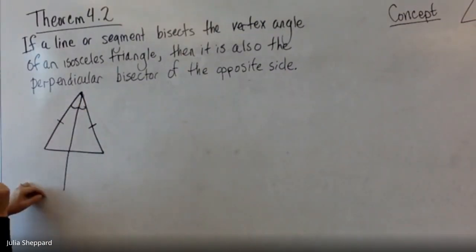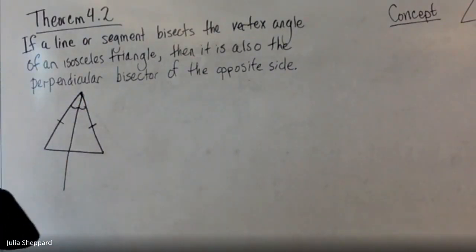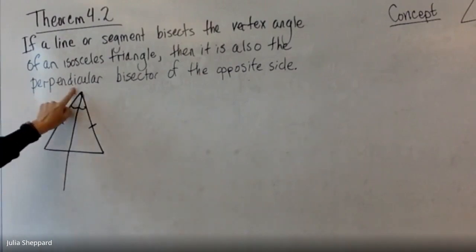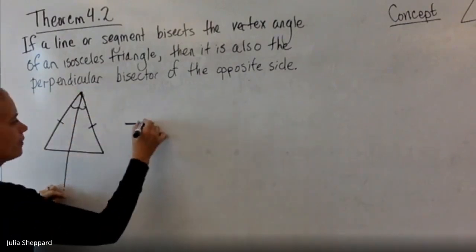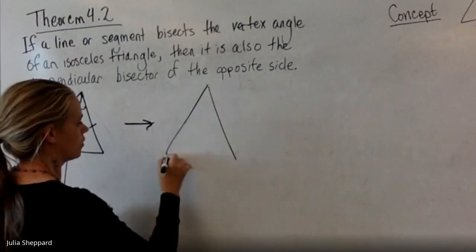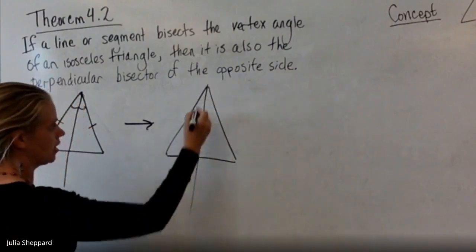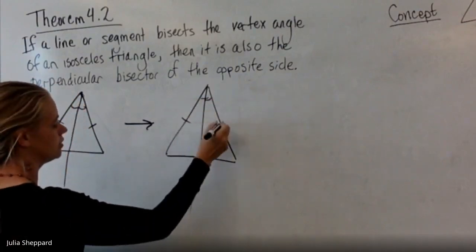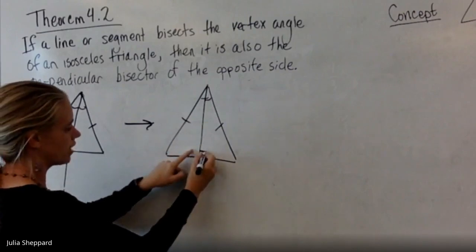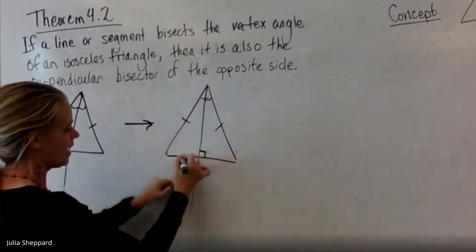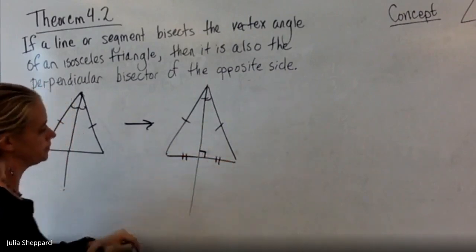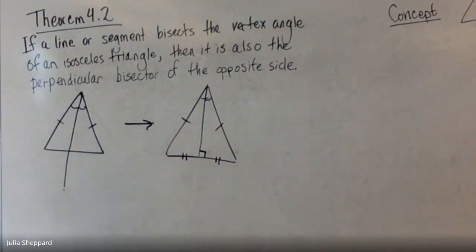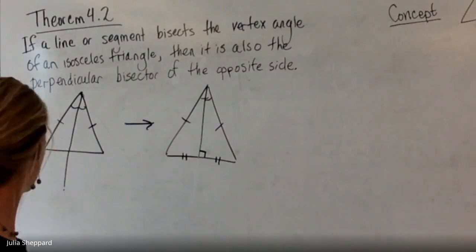These are the same. It is also the perpendicular bisector of the opposite side. So that means if I have this triangle and I drew this line right here, it also means that this is perpendicular and that these are the same length. That's your theorem 4.2.